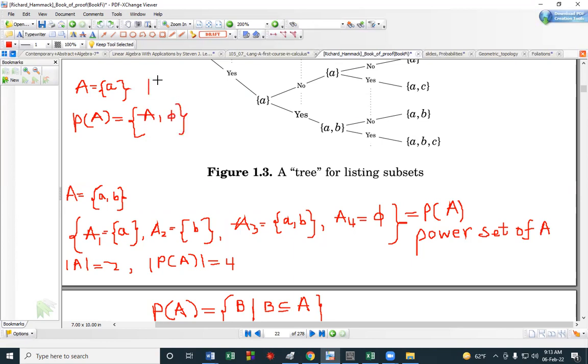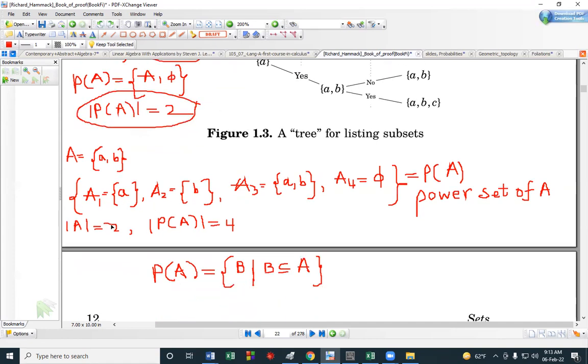This is very intuitive and understandable. So in this case, the cardinality of A is 1, and the cardinality of the power set of A is 2. When the cardinality of the set is 2, the cardinality of the power set is 4, which is 2 squared.